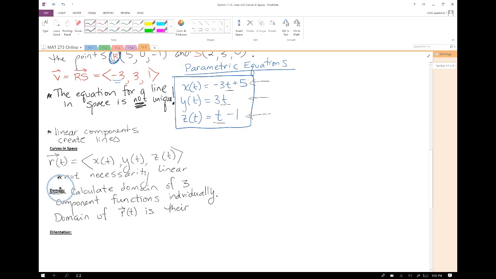To calculate their domains, we just need to think back to precalculus algebra and how we calculated domain in precalculus algebra. So there are certain types of functions that we learned about in algebra where the domain needed to be restricted. And now that we also have taken trigonometry, there's a few trigonometric functions as well.